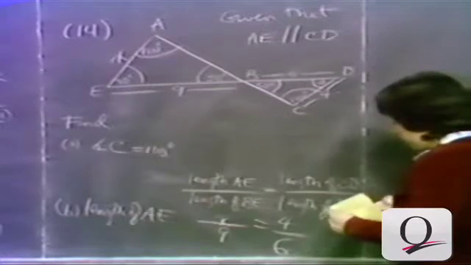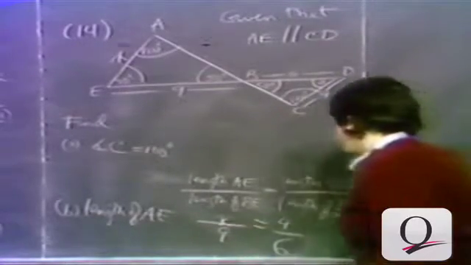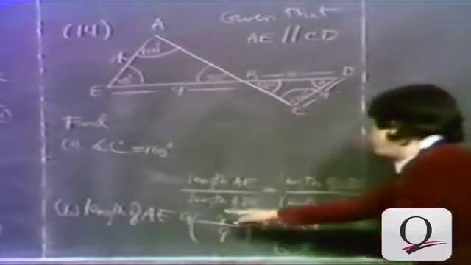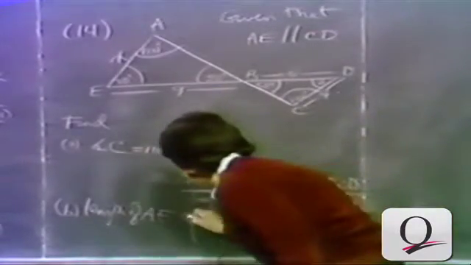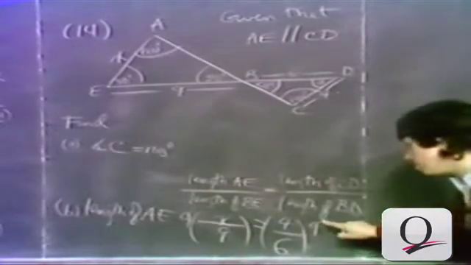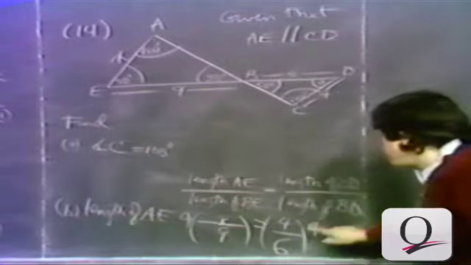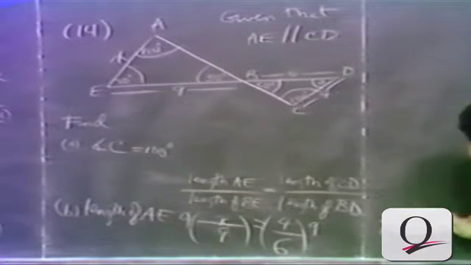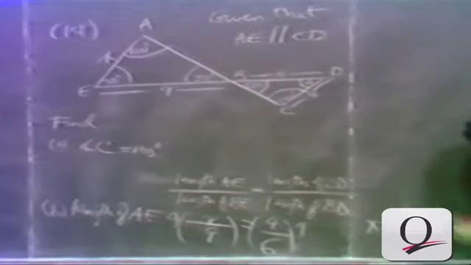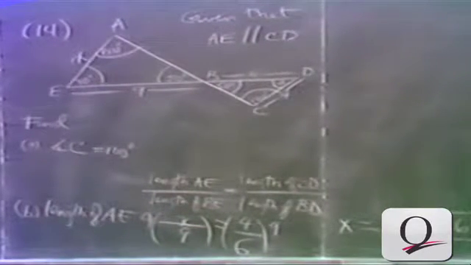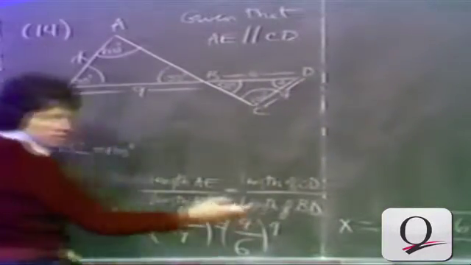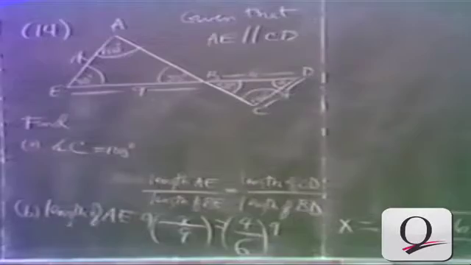And we can multiply both sides of this equation by 9 to give us that X equals 4 times 9 over 6. Here the 9's cancel. 36 over 6, or X equals 6. So the length of AE is 6. And we get 6 is to 9 as 4 is to 6. They both reduce to 2/3. Okay.